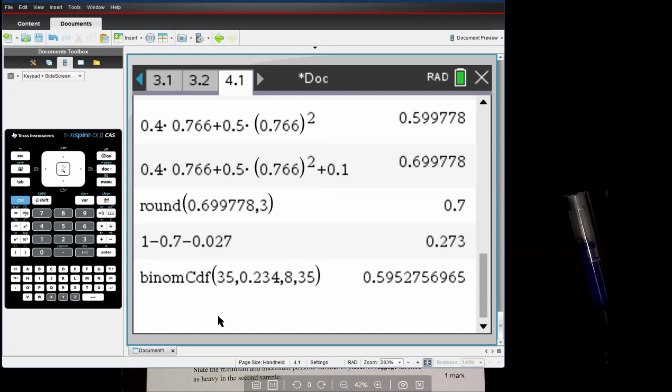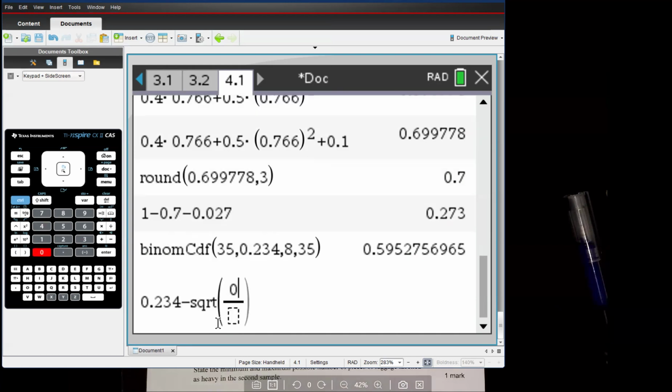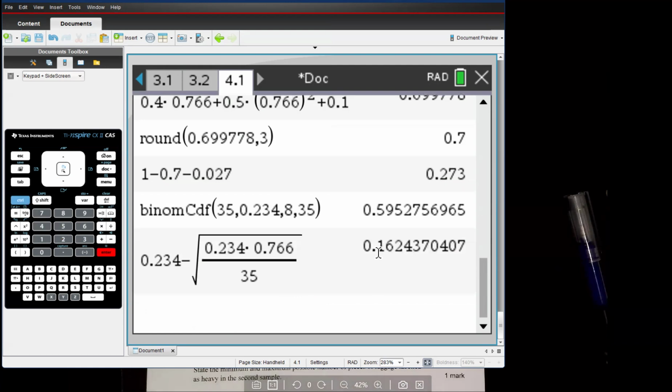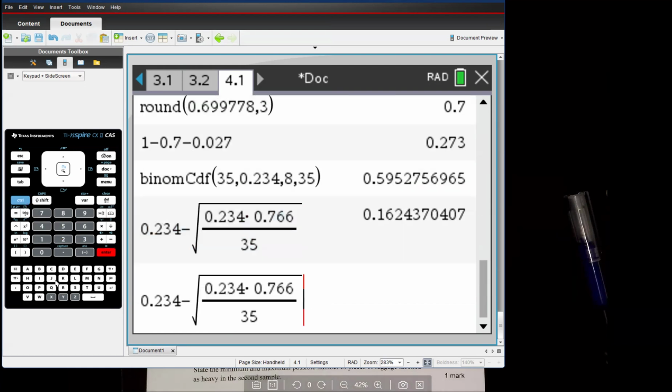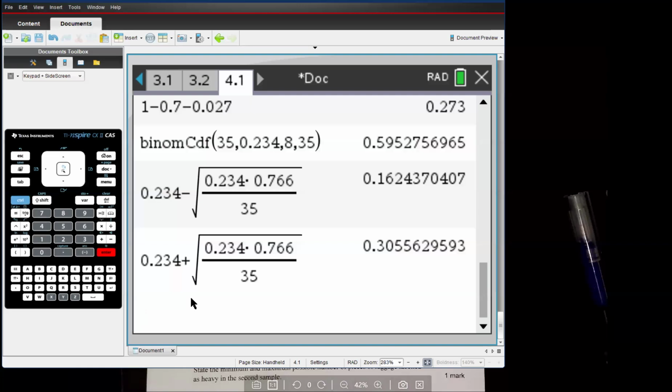For example, 0.234 subtracting square root of 0.234 times 0.766 divided by 35. So this is the lower bound. And then if I change the minus to a plus, it's an upper bound. So 0.234 is the mean of the random variable p hat, the population proportion.